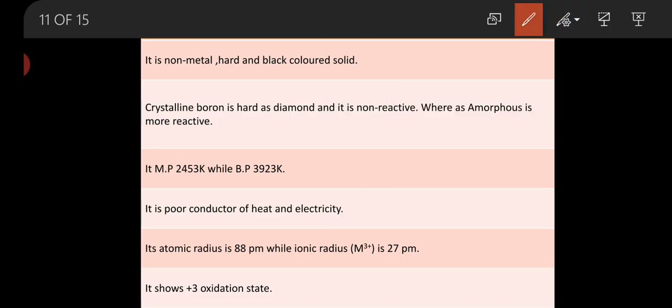Boron is a non-metal and hard in nature. It is black colored in solid form. Crystalline boron is harder than diamond, and it is non-reactive with water also.